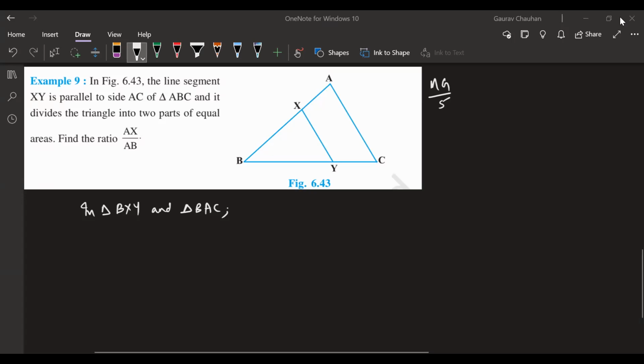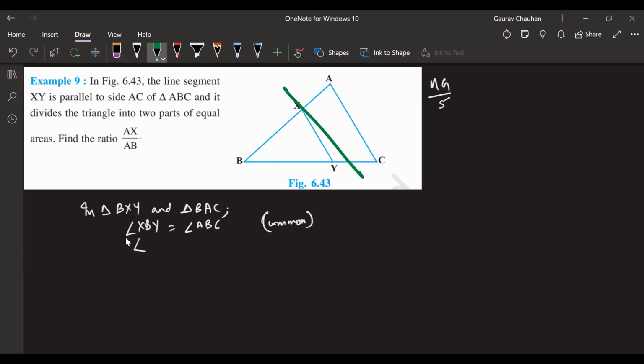Manisha? Sir, angle B is common in both the triangles. Okay, angle XBY is equal to angle ABC. That's one thing. Sir, angle X and angle A will be equal. Why, Manisha? Sir, XY and AC will be parallel and BA will be the transversal.